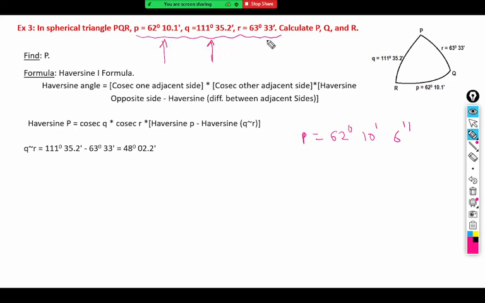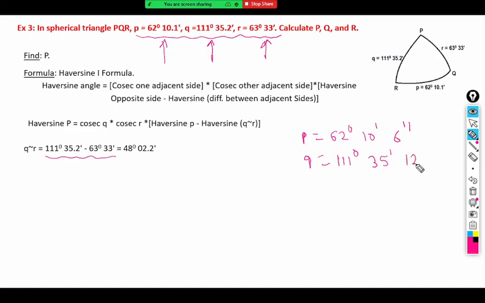Just now I saw there is an error when we do the subtraction just by taking 35.2 minutes. You cannot put the minutes in a fraction on the calculator. So you have to convert everything in degree, minutes and second. So P is there, small q becomes 111 degree, 35 minutes and 0.2 minute, we have to convert in second.